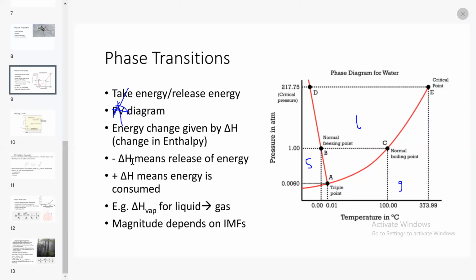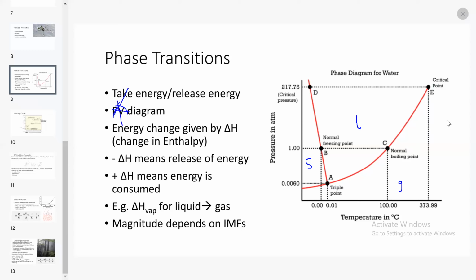Now, if the energy of the system is increasing, so a positive delta H, a positive change in energy, then this energy has to come from somewhere, so we get a consumption of energy. For example, when we go from liquid to gas, we have to increase the temperature, we have to add energy.